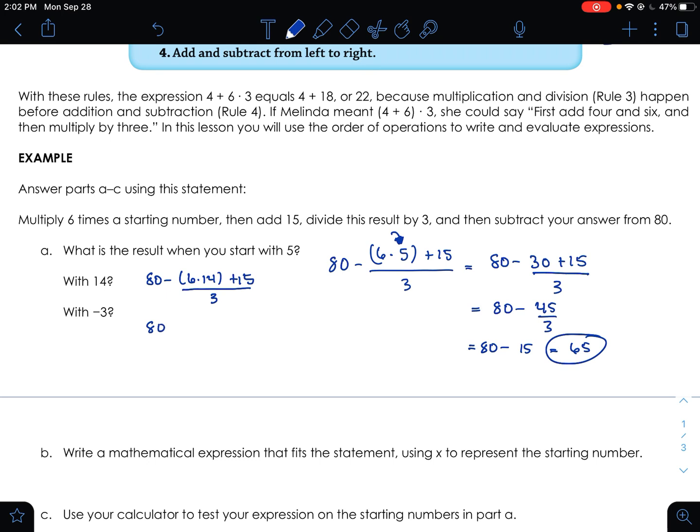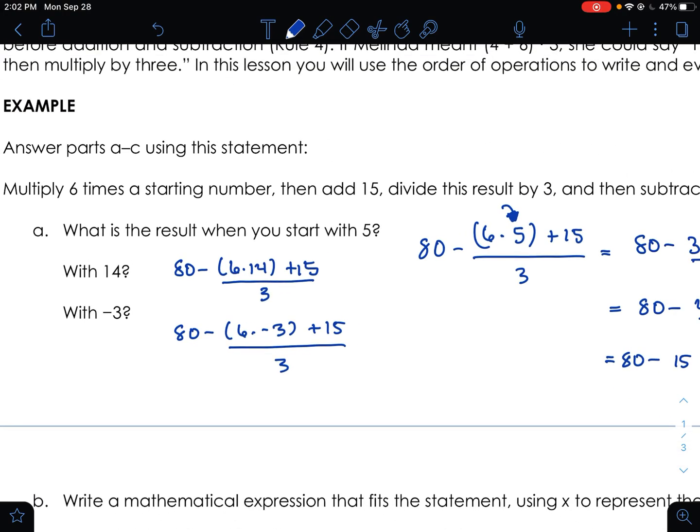And then you have 80 minus 6 times negative 3 plus 15, divide that by 3, and you would evaluate that expression with negative 3 as your starting number.